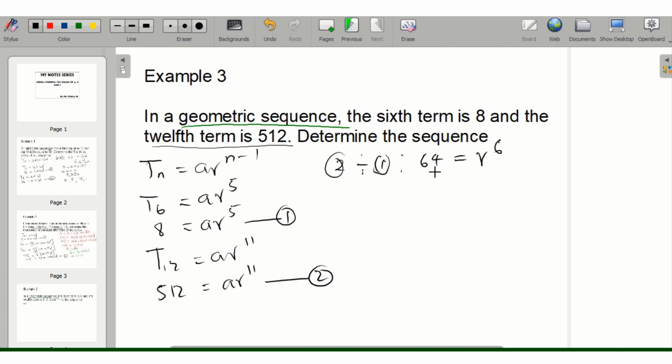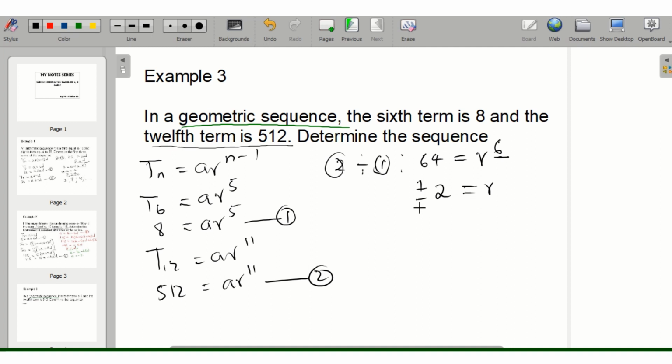Now it's very tempting to say what base raised to power 6 will give us 64, which will be 2. But I urge you perhaps to take the square root on both sides, or the sixth root. Because 6 is an even root, your answer for r will be plus or minus 2. So this means we have two possible sequences in this particular case.